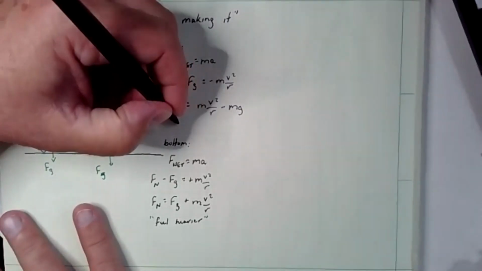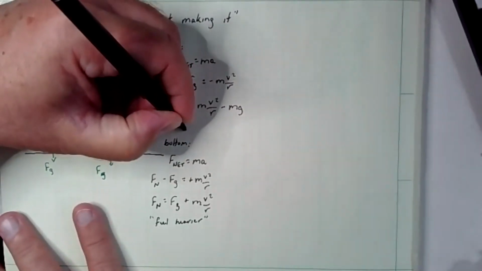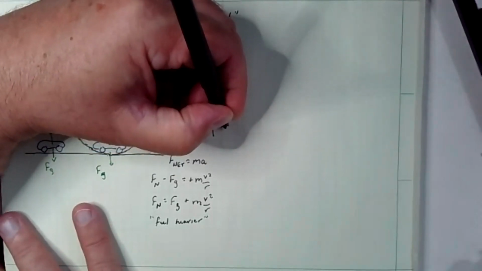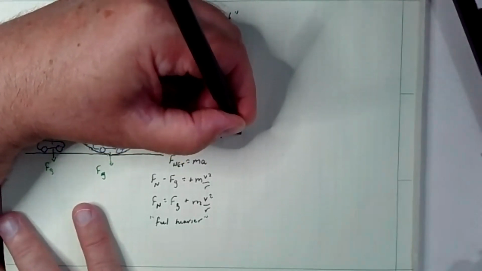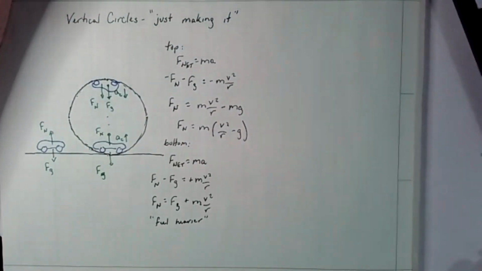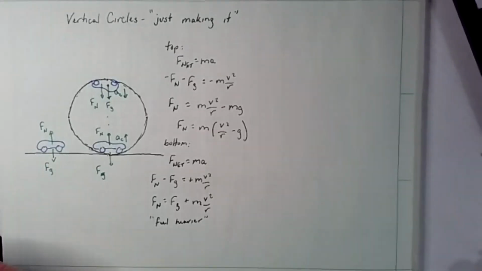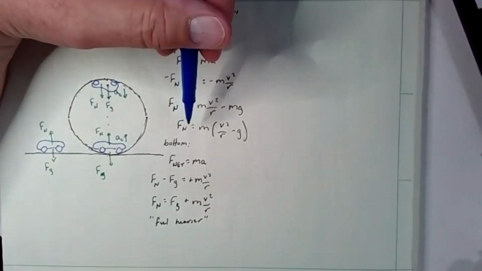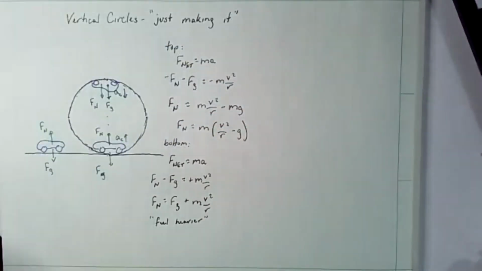And that's interesting. So let's factor out m and see what happens. Let's take this and develop it a little bit more. So now the normal force doesn't have to work as hard, and you would feel lighter.